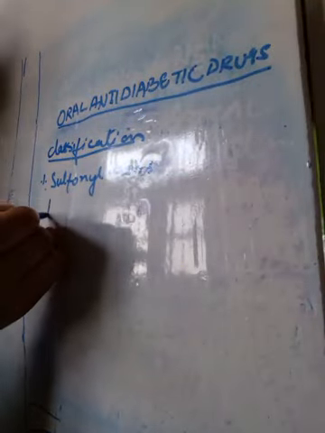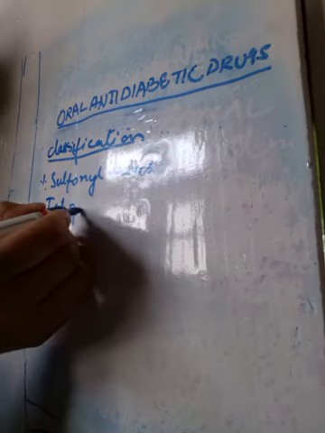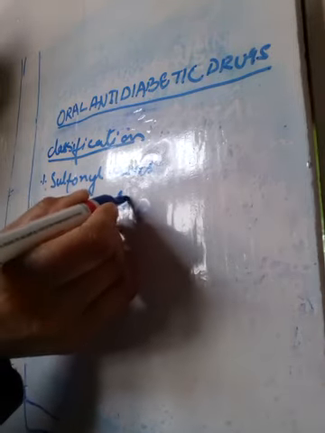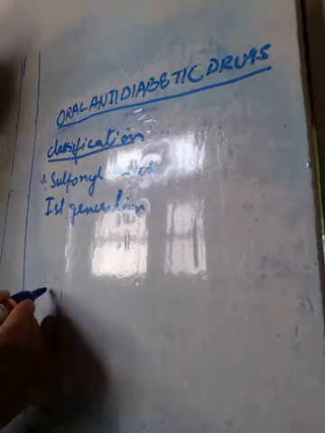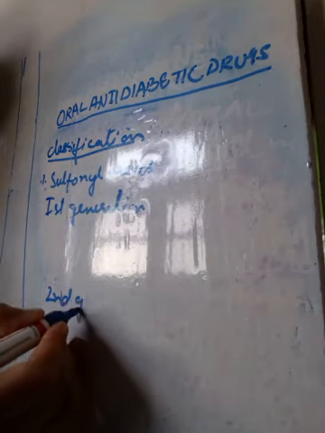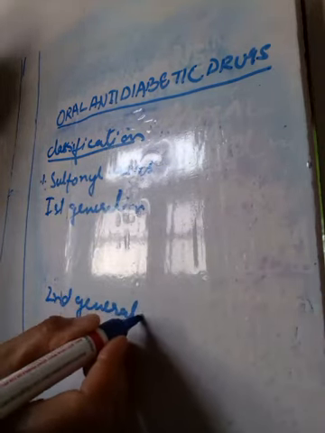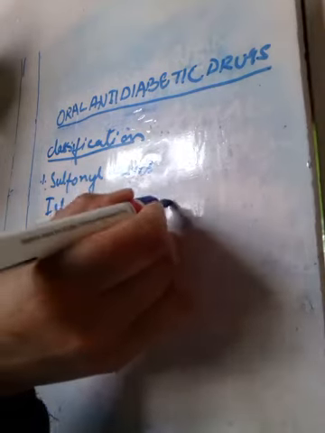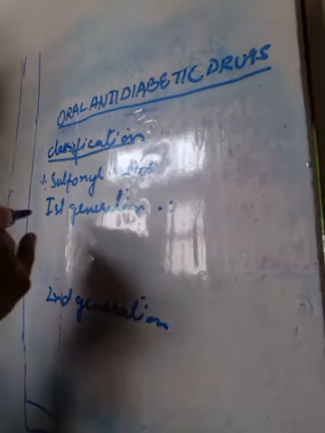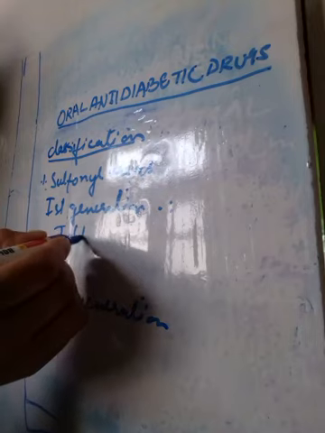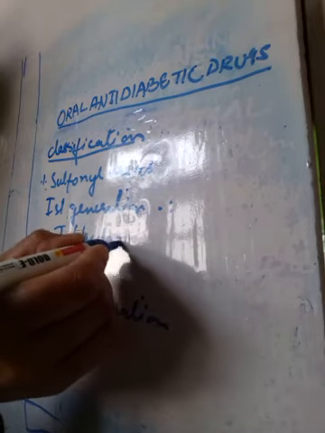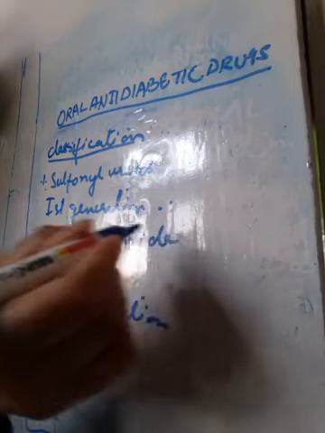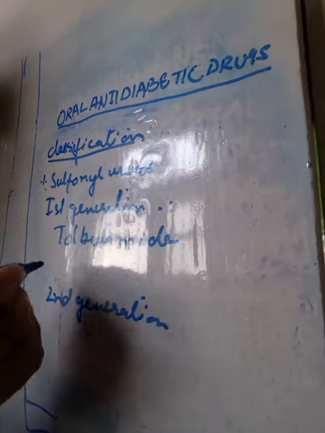Number first is first generation and number second is second generation. In first generation drugs, we have tolbutamide and chlorpropamide.